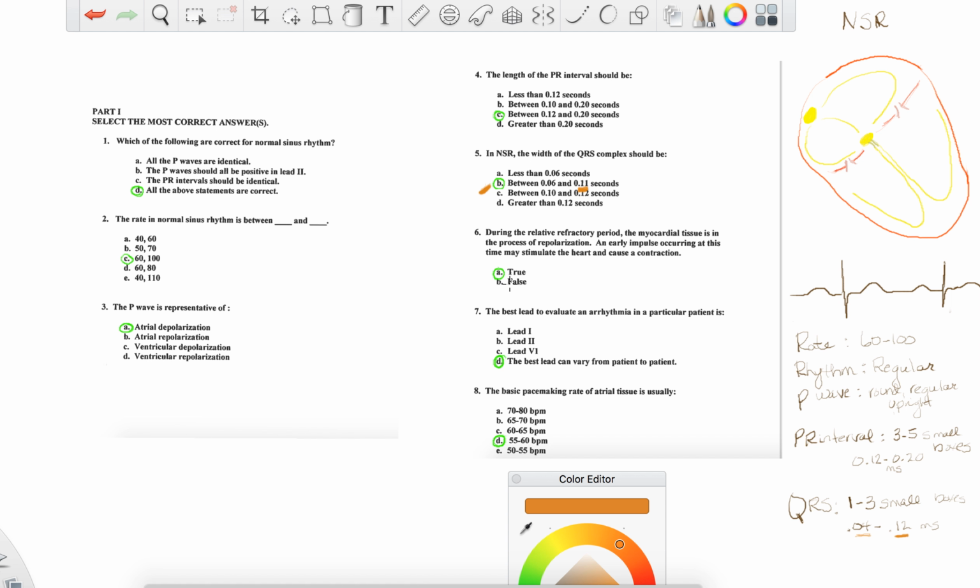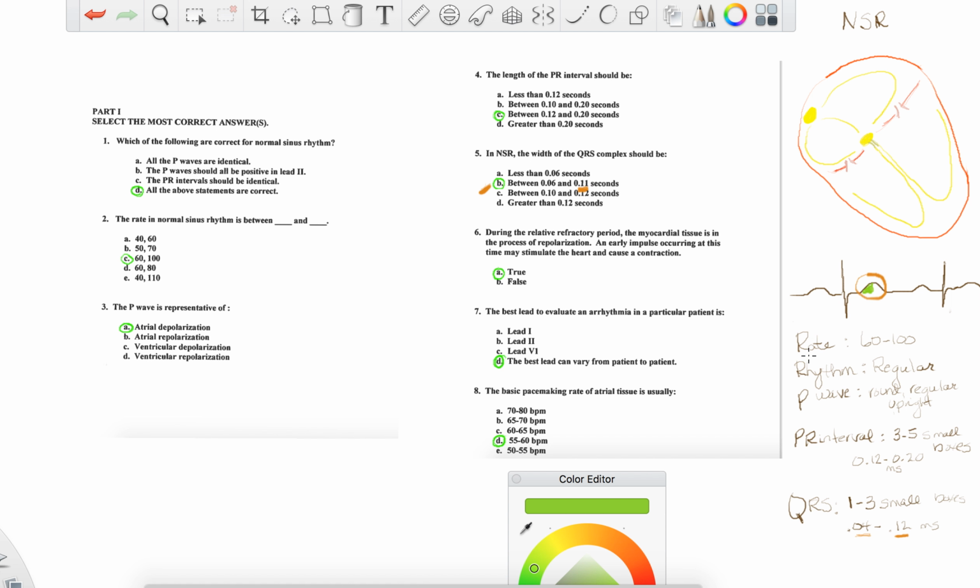Relative refractory period, yes, this is in the process of repolarization. So when we're looking at this portion of the strip, we know that in the first half of the T wave is the absolute refractory period.